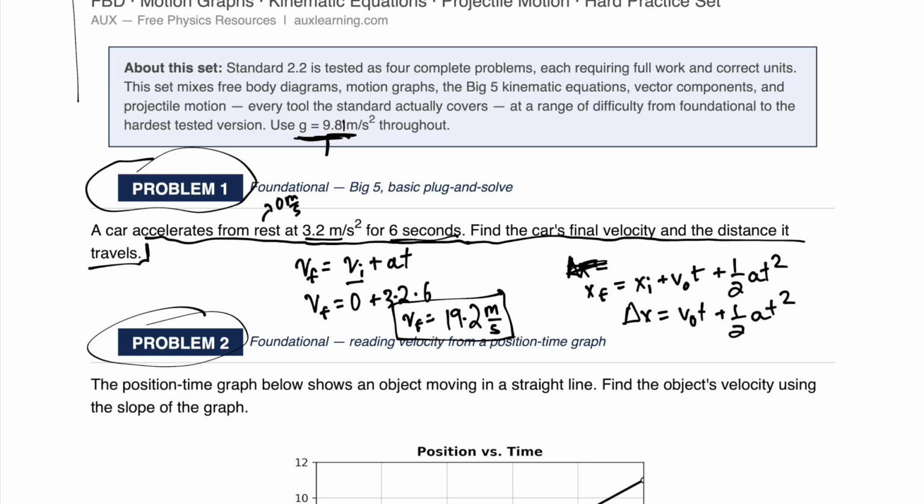You substitute in initial velocity is 0, so this entire term cancels out to 0, and 1/2 a t squared is the only thing left. That's 1/2 times 3.2 times 6 squared equals delta x. So delta x should give you exactly 57.6 meters. So that's how you find the displacement and final velocity using the big 5 kinematic equations.